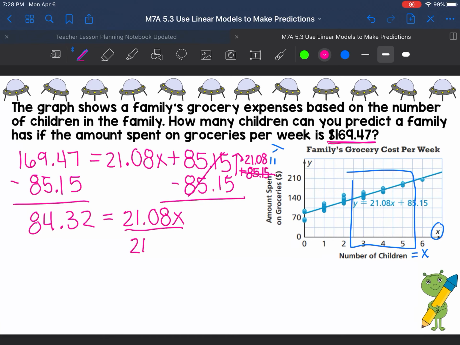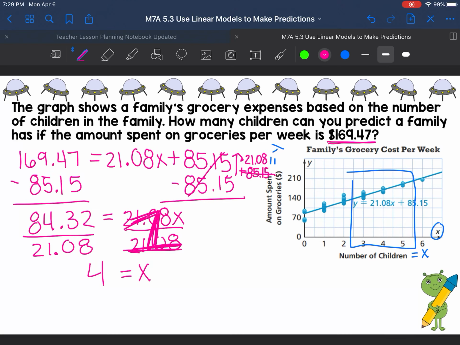Now I'm multiplying, so I need to do the opposite, which is dividing. So I'm going to divide by 21.08 on both sides. 21.08 divided by 21.08 cancels out, leaves me with 1x, or x. And if I use my calculator and divide 84.32 by 21.08, I will get an answer of 4.